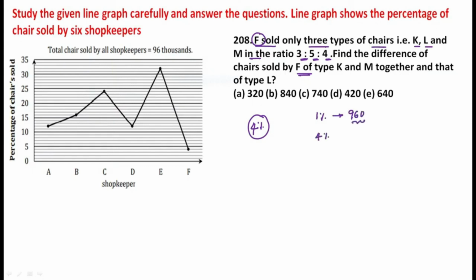Now we want 4 percentage, so you should multiply by 4 times. 4 nines are 36, so 3,840 chairs sold by shopkeeper F.